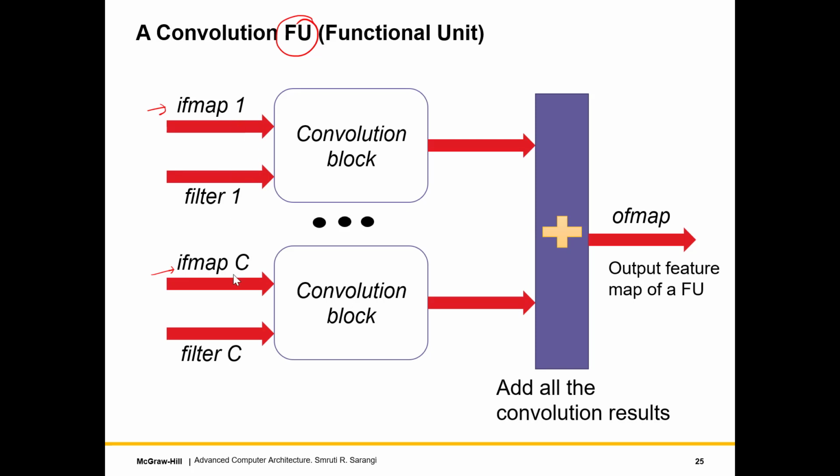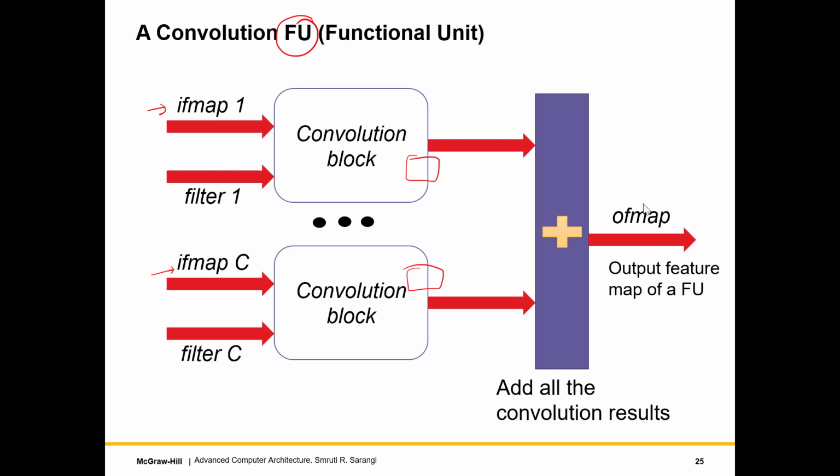If there are capital C IF maps, then each IF map is convolved with its corresponding filter: IF map 1 with filter 1, up to IF map C with filter C. Then we have multiple convolution results, which means multiple OF maps. All of them are added. How are they added? They are added pairwise, or element-wise.